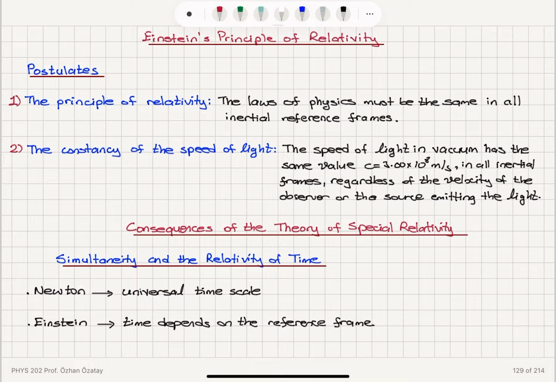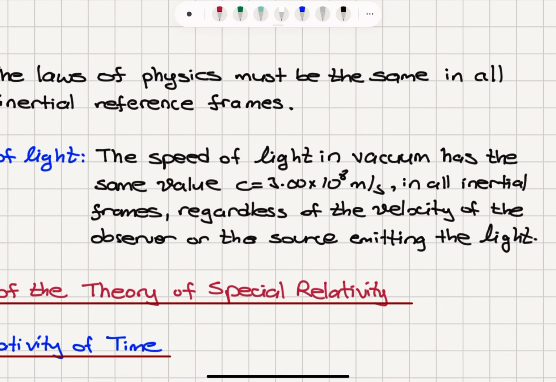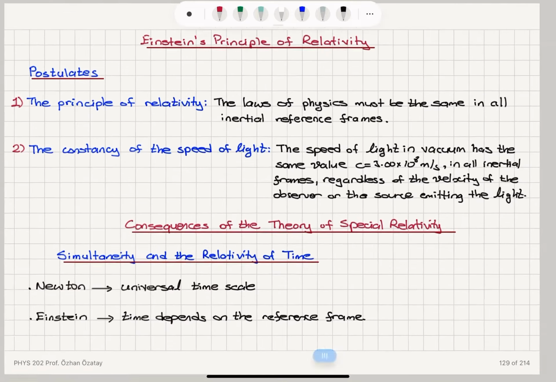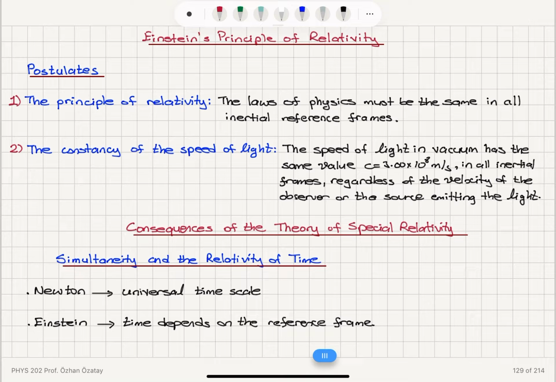But Einstein's postulate is that, based on the Michelson-Morley experiment, the speed of light in vacuum has the same value, 3 times 10 to the 8 meters per second, in all inertial reference frames, regardless of the velocity of the observer or the source emitting the light. The speed of light is constant in vacuum. It doesn't require a medium to propagate.